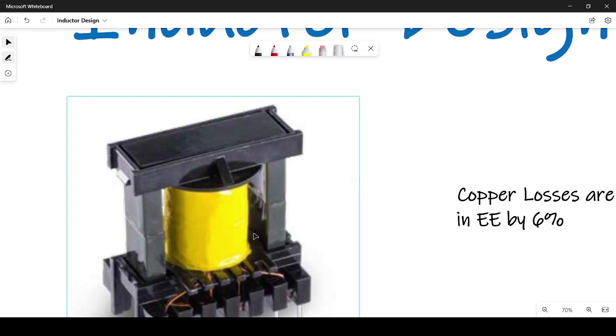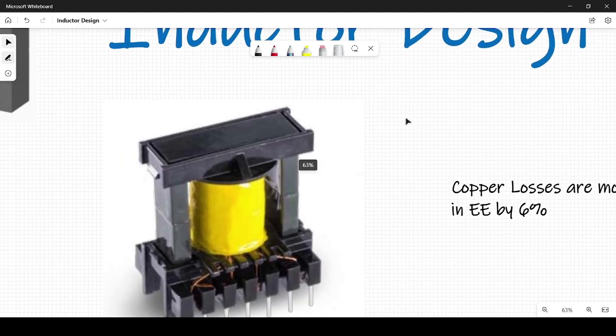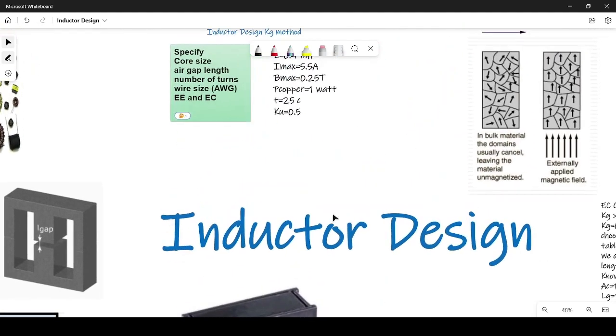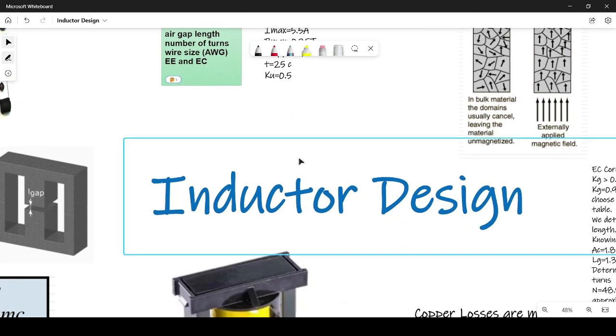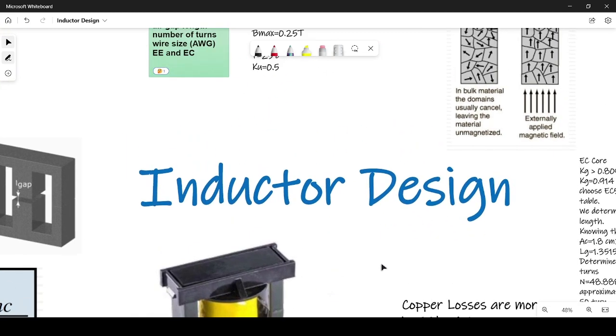This area is called the window area. So you can look into it like a window, and you cannot fill it to 100%. So there are some limitations and some tolerance you have in your winding, and in this case you call this tolerance KU, the fill factor or utilization factor, as it indicates your utilization of this window.